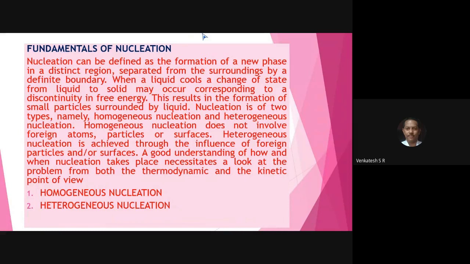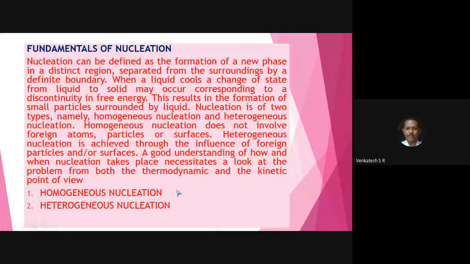Explain briefly the types of nucleation process. Nucleation, first to define the nucleation, that is nothing but the solidification process, and the types of nucleation: homogeneous nucleation and heterogeneous nucleation.